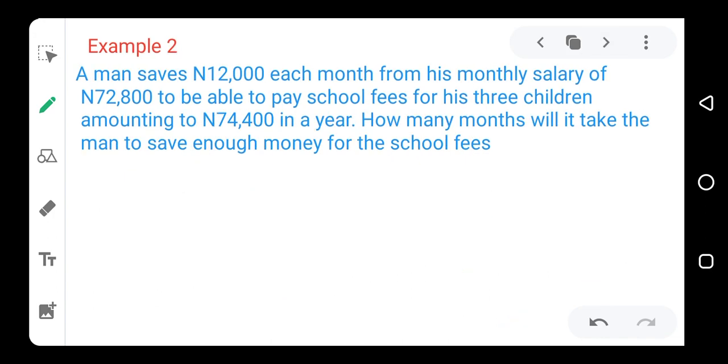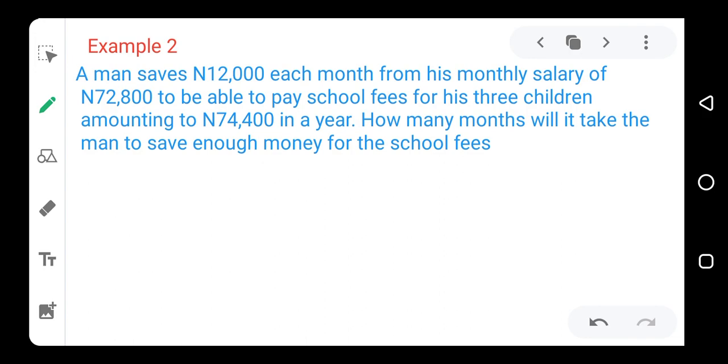Example 2. A man saves 12,000 naira each month from his monthly salary of 72,800 naira to be able to pay school fees for his 3 children, amounting to 74,400 naira in a year. How many months will it take the man to save enough money for the school fees?